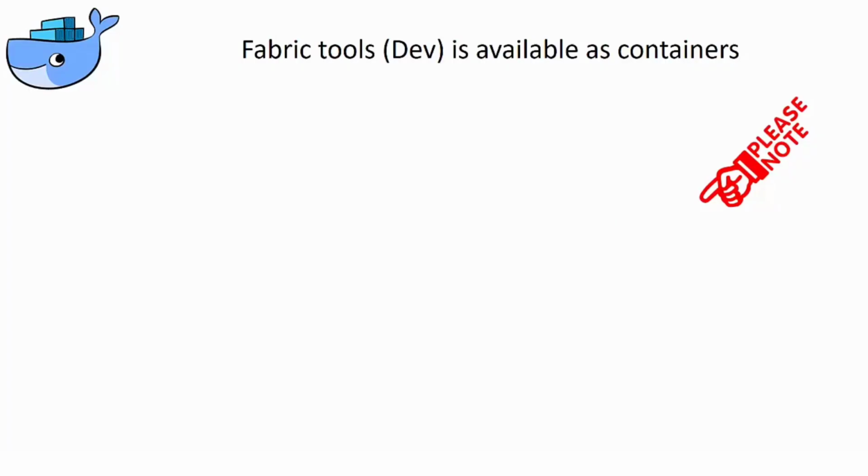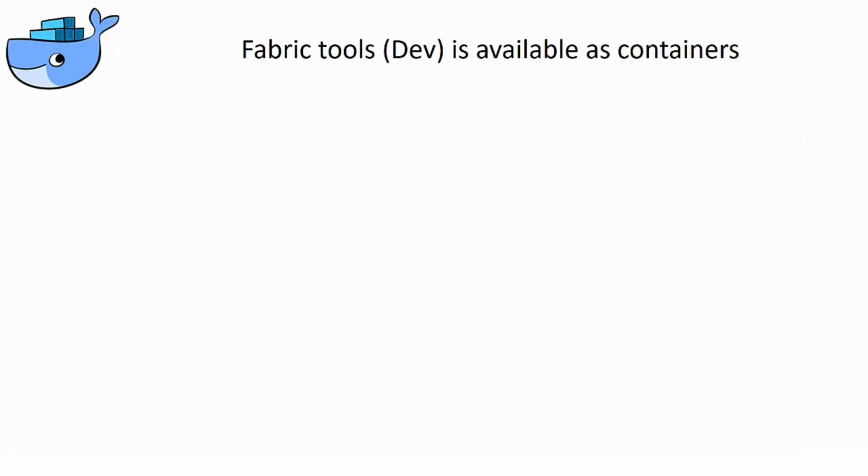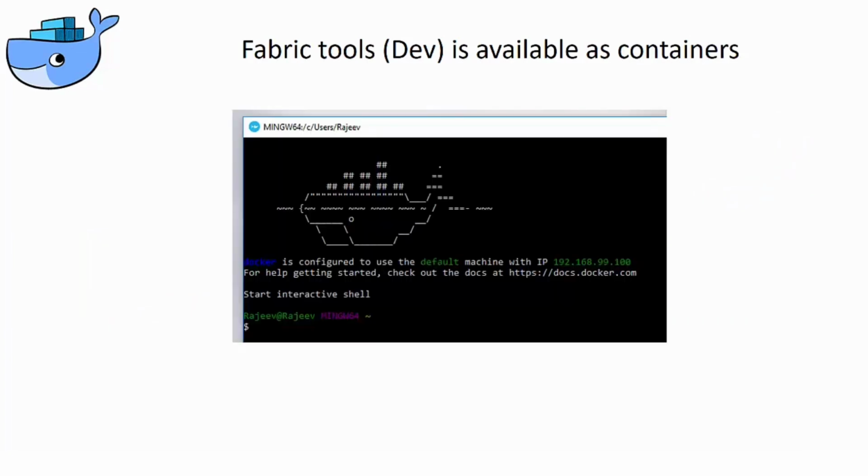Quick note to Windows users, a virtual machine on Windows cannot be accessed with the host name localhost. So you have to use the IP address of the virtual machine in which the Docker containers are hosted. If you're using Docker Toolbox in Windows, then when you launch the Quick Start terminal for launching the Docker daemon, you will see the IP address there.